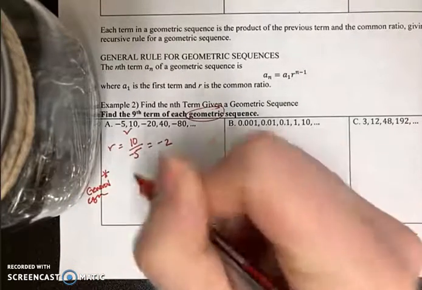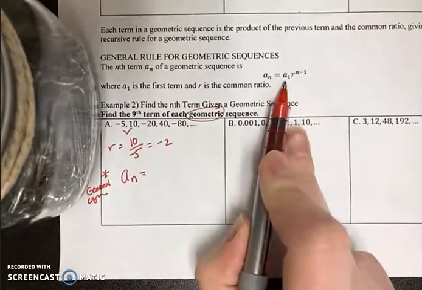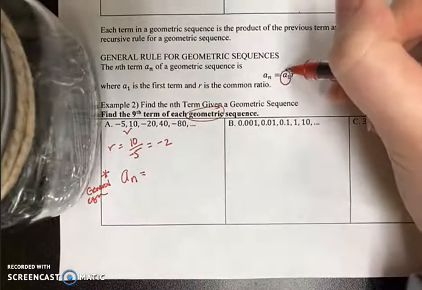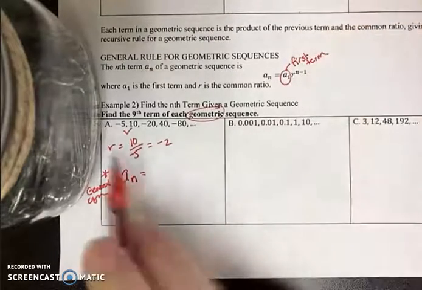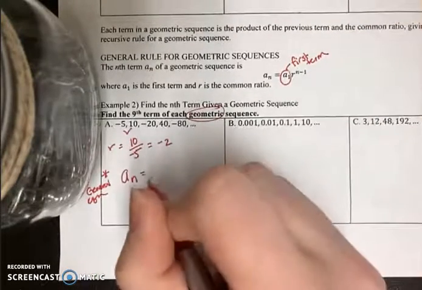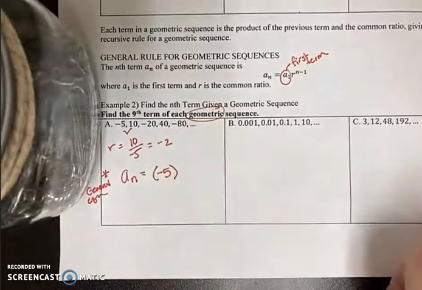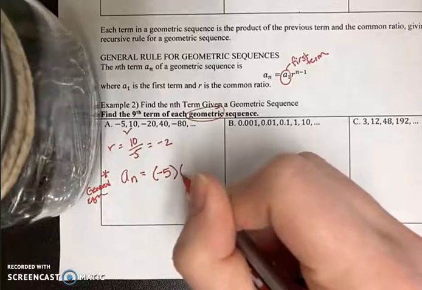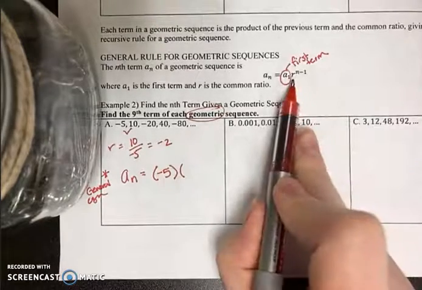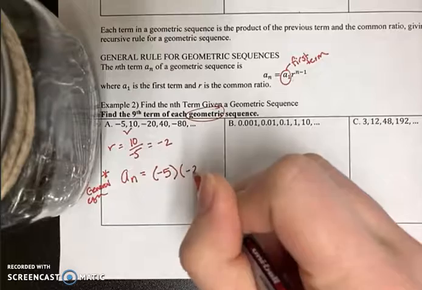I have a sub n equals a sub 1, which is the first term. So my first term was a -5, meaning I'm going to put a -5. And I'm going to multiply that by the ratio, which is -2.